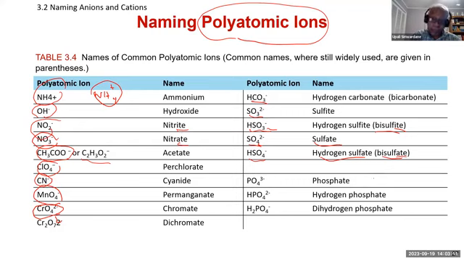Phosphate also has hydrogen phosphate and dihydrogen phosphate. Now, these are ions, mainly anions, that can form compounds with other cations. So these are complex anions, polyatomic anions.